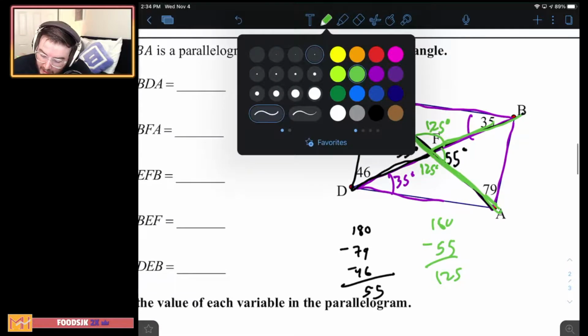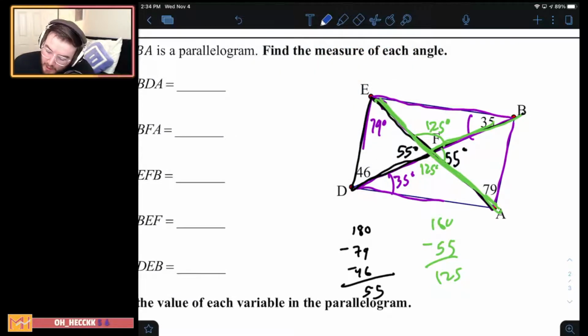And then once again, I have triangles. I know that this is 35, and I know that that other angle is 125. So when I subtract the 35 and 125, I end up with 20. And if that's 20, well, then this is 20 because it has the same two angles in it.